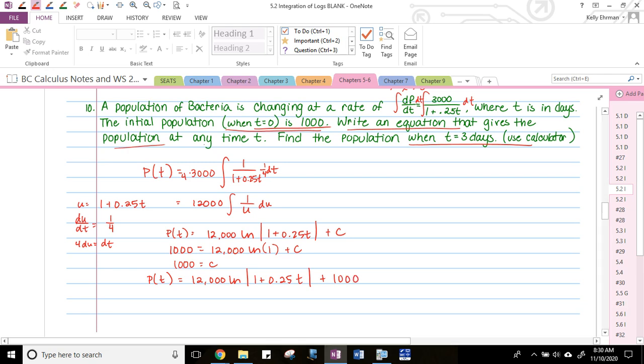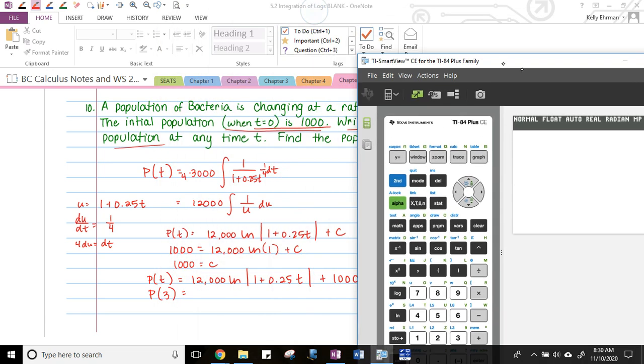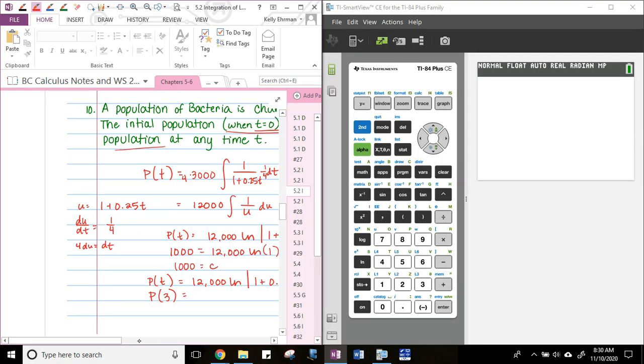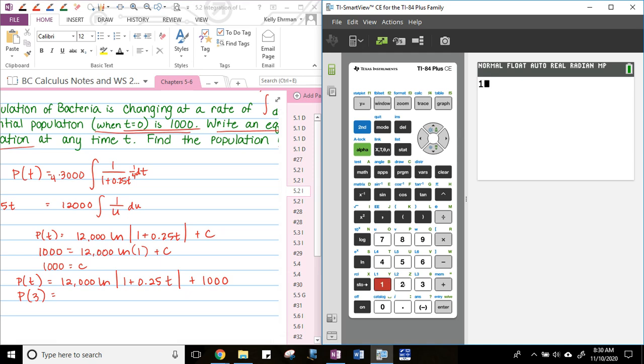So here's our equation that gives the population at any time t, and then find P of 3. This is where you finally get to use your calculator. 12,000 times the natural log of 1. If I put in 3 for t, I'm going to get 1.75, 1 3/4, and then plus 1,000.